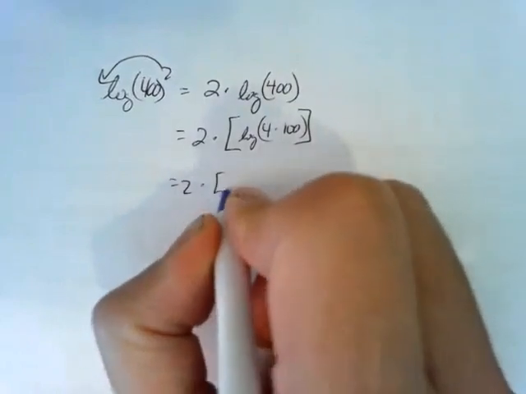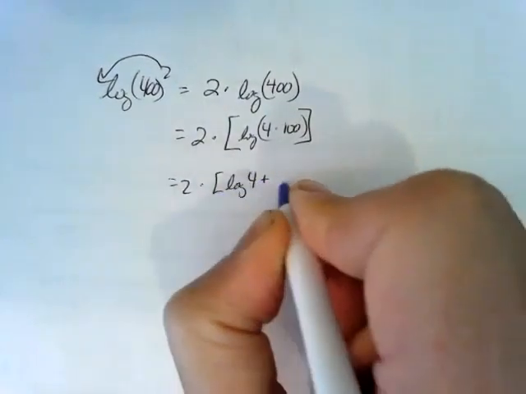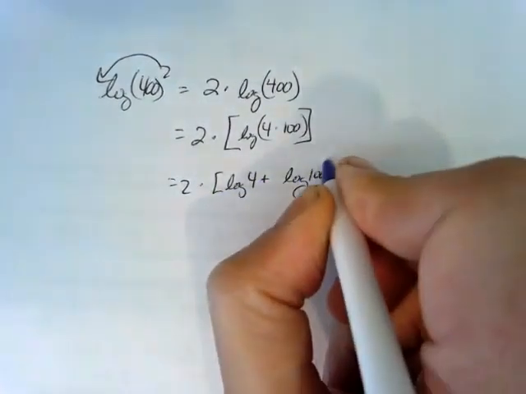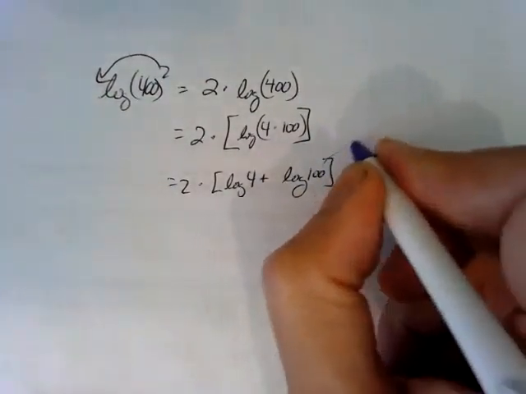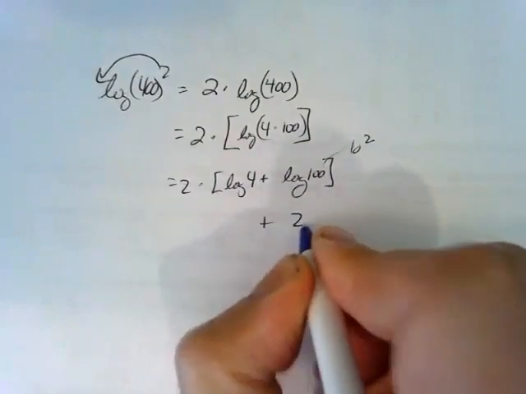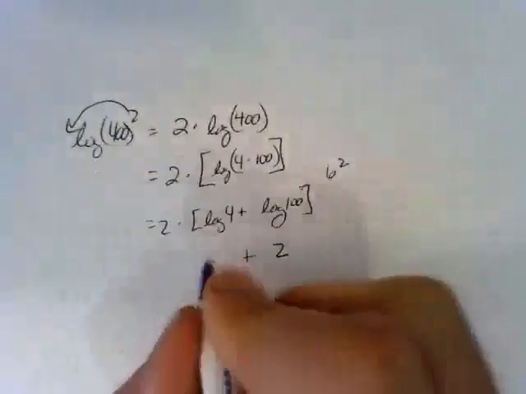which is 2 times the log of 4 plus the log of 100. Do I know the log of 100? Yeah, that's 10 squared, that's 2. And then I'd have to look up the log of 4, but if I had my handy dandy table, 0.6020.